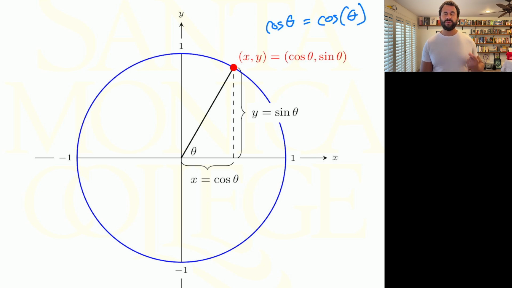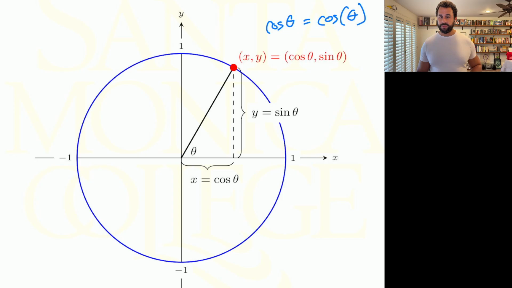These are really special functions, cosine and sine. There's no multiplication going on here. This isn't cos times theta. These are just really special functions, so we gave them special names, cosine and sine. Think of it as f. This is f of theta, all right? But we remove the parentheses because things are going to get a little bit cluttered.